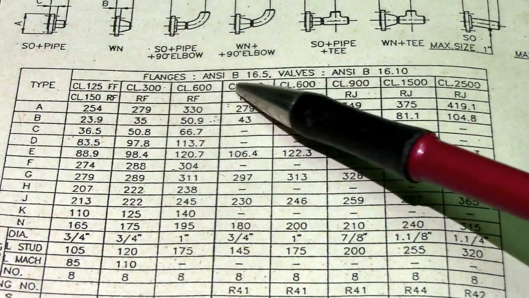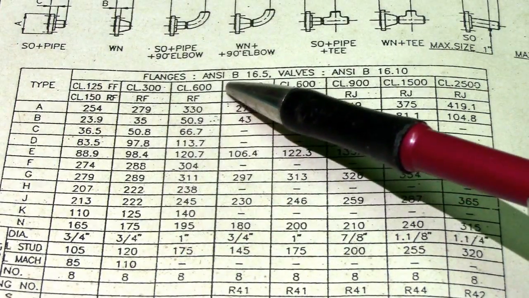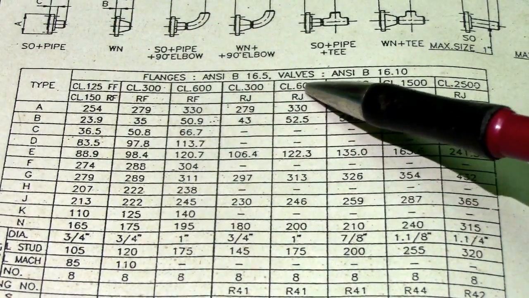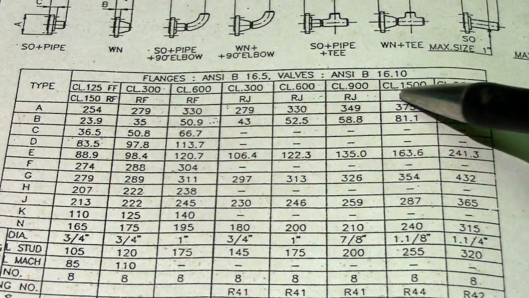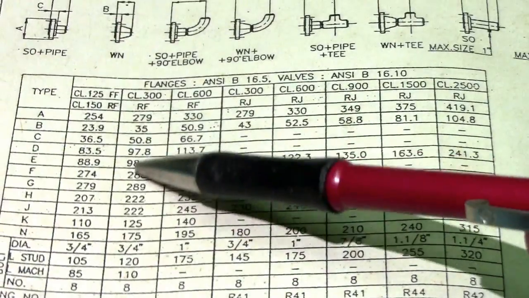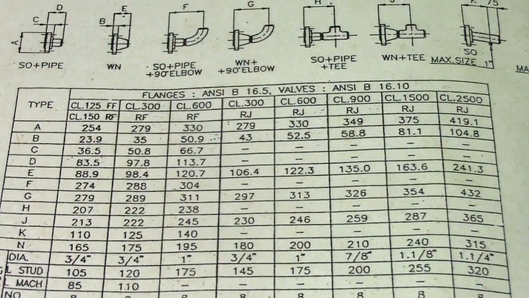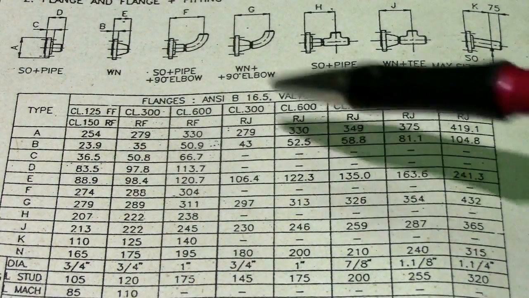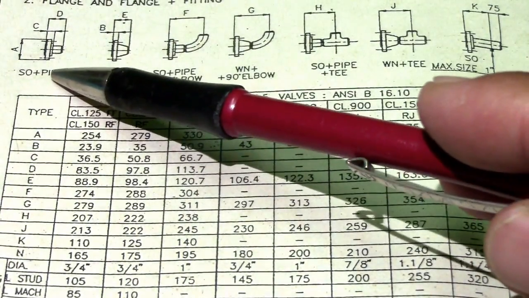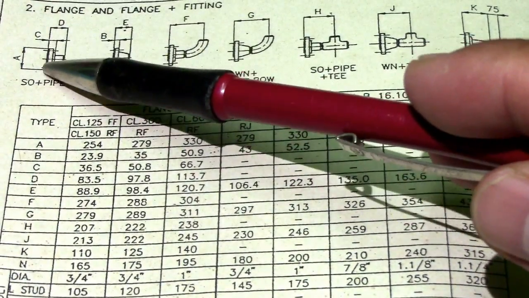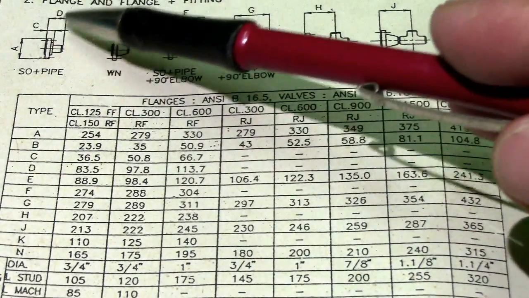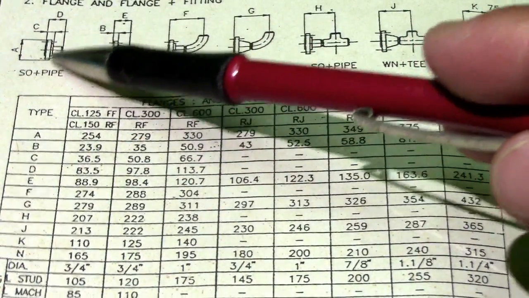So this is a flange ANSI B16.5 and valve ANSI B16.10. This is the dimension. For example, we have SO plus pipe, so the A dimension of this slip on flange.